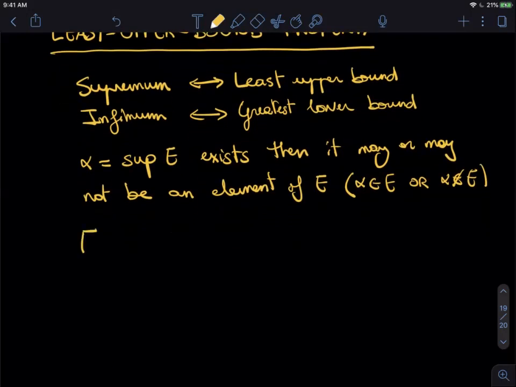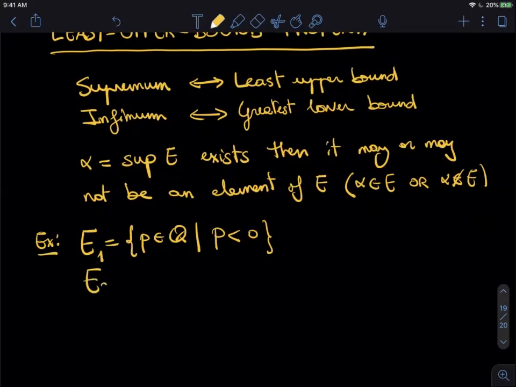So let's say, for example, let's define E1, which is the set of negative rational numbers. And let's do one that is very similar, E2, the rational numbers that are non-positive, so that are less or equal than 0.